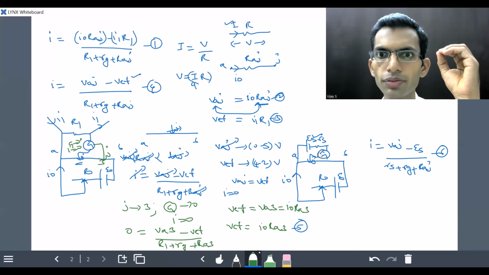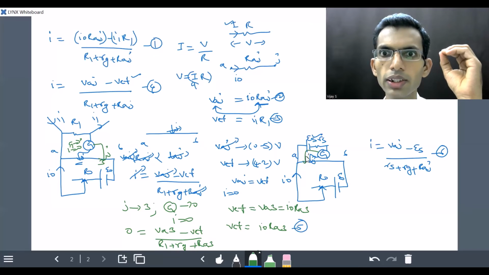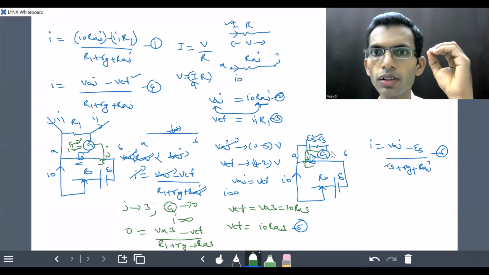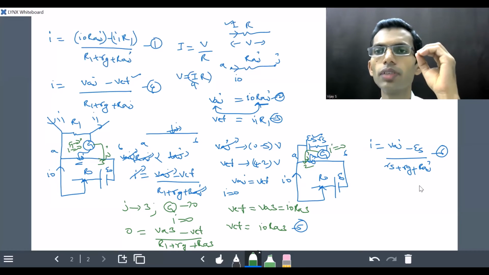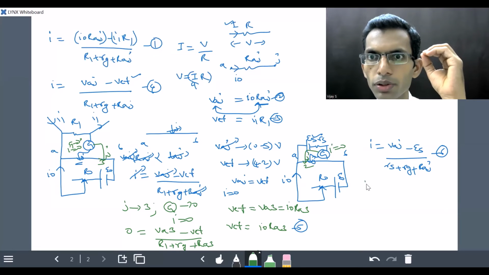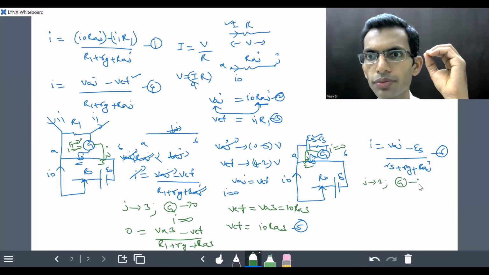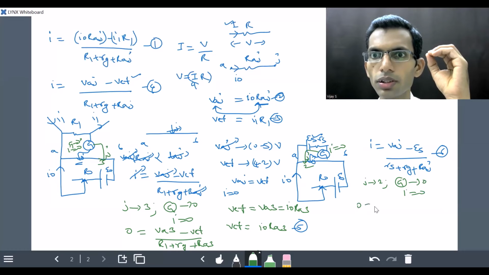Let us say when the moving contact J is at position 2, the galvanometer shows zero deflection. When we substitute into the expression, what are we going to get? 0 is equal to VA2 minus ES, over RS plus RG plus RA2.